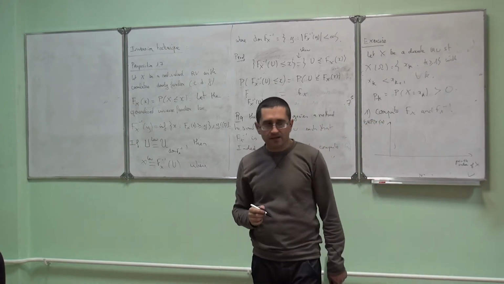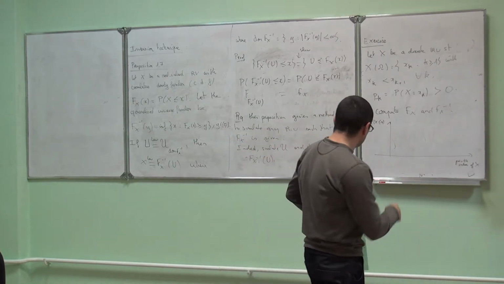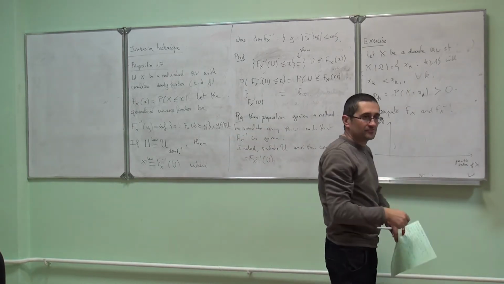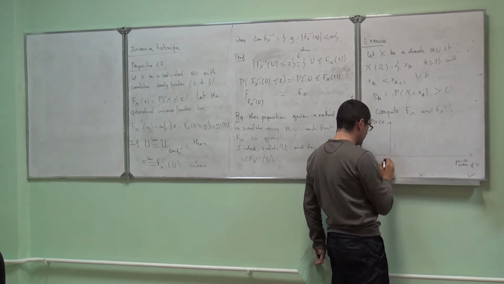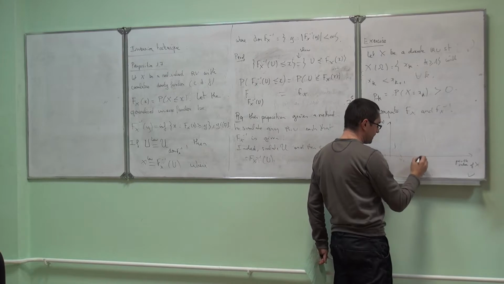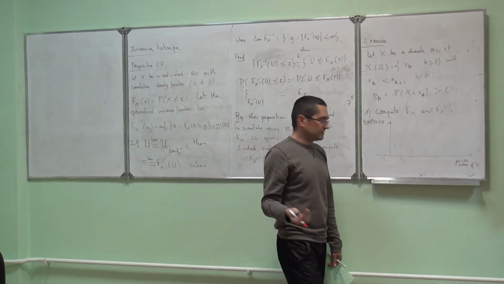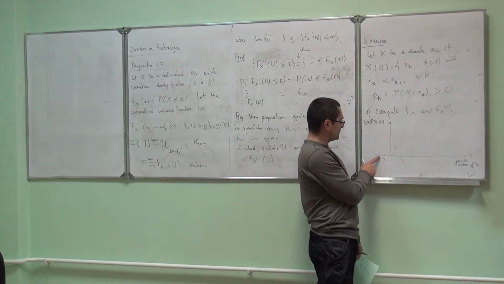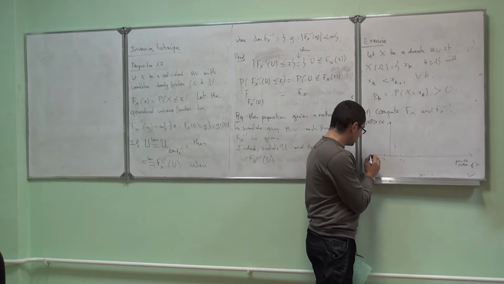Right? So here what are these possible values? You know, just x1, x2, etc. And then now it's very clear that if x is strictly less than x1, the probability equals 0.